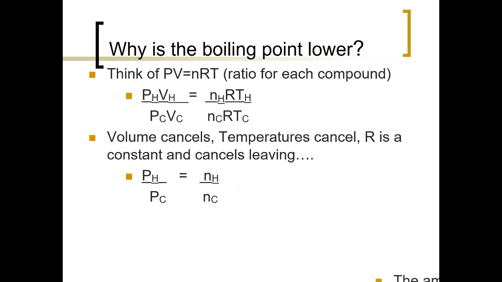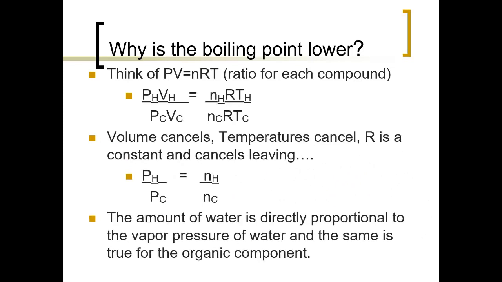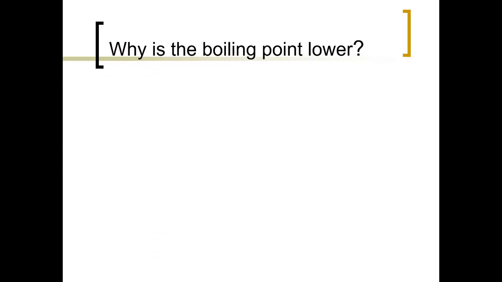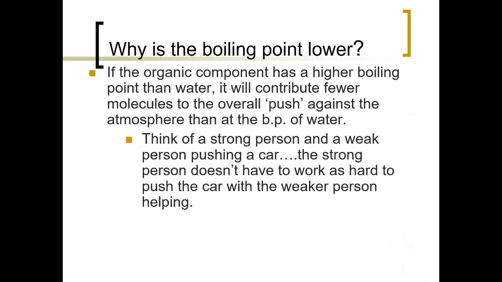We can figure out that your pressure is more proportional to the water than it is proportional to the organic components. That's why instead of the boiling point of clove oil, we're boiling at the boiling point of water. Again, same thing that I mentioned before.